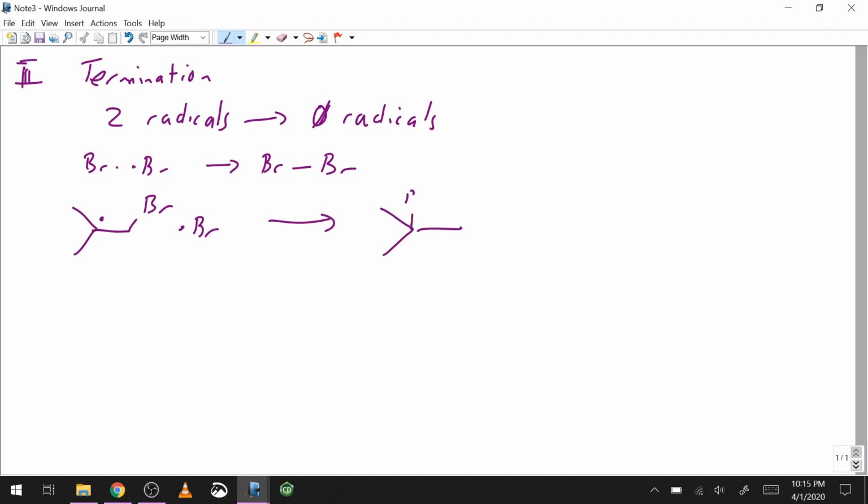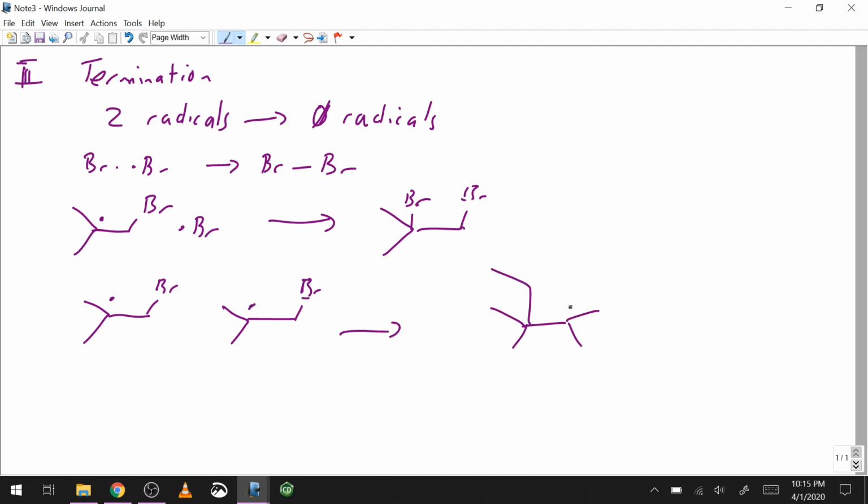Not what I wanted. Not useful. If I have too much of the carbon radical, I could get that hitting another one of those. And then I get something weird looking. I get something with multiple alkyl groups that I didn't want. Trying to draw it symmetrically here.